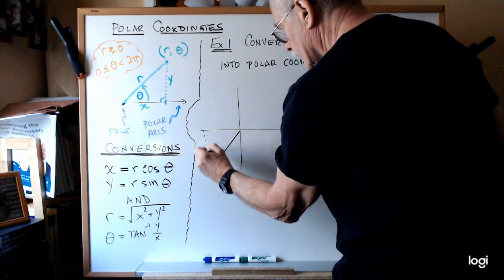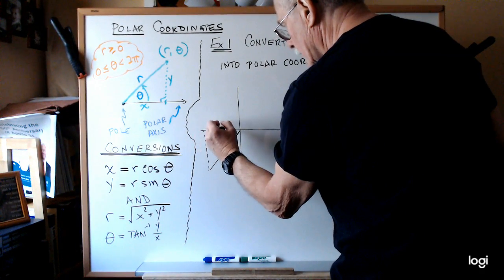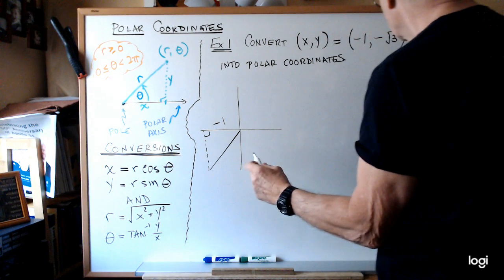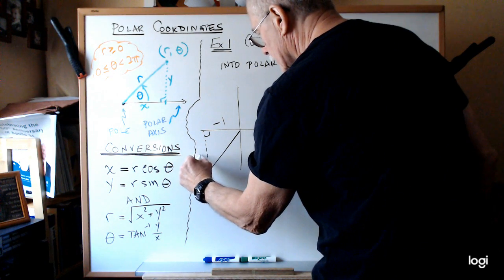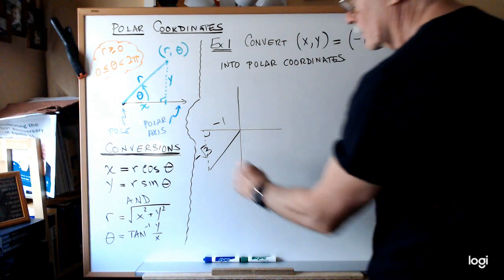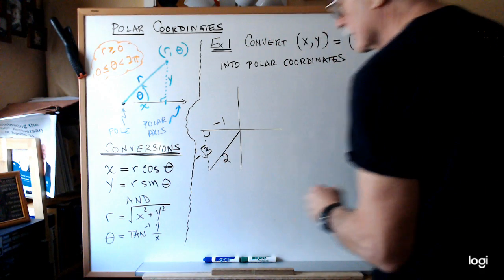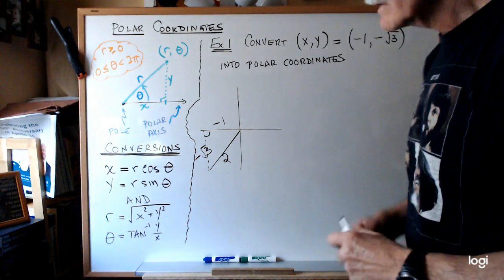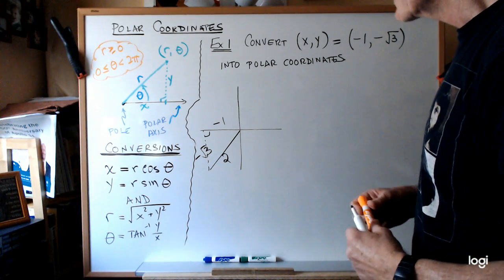So, okay, x is -1. Y is negative radical 3, and the Pythagorean theorem would make this a 2, and therefore what we have here is one of our special right triangles.